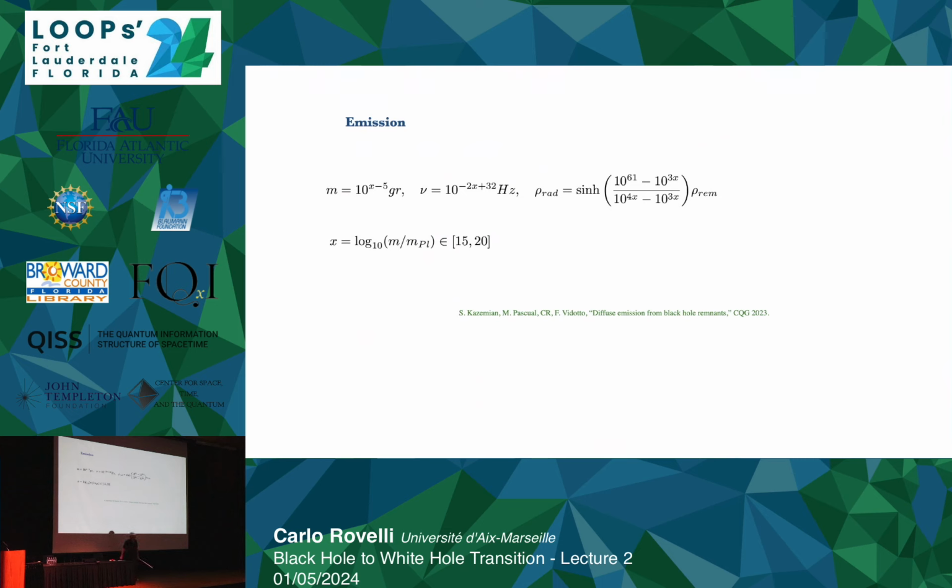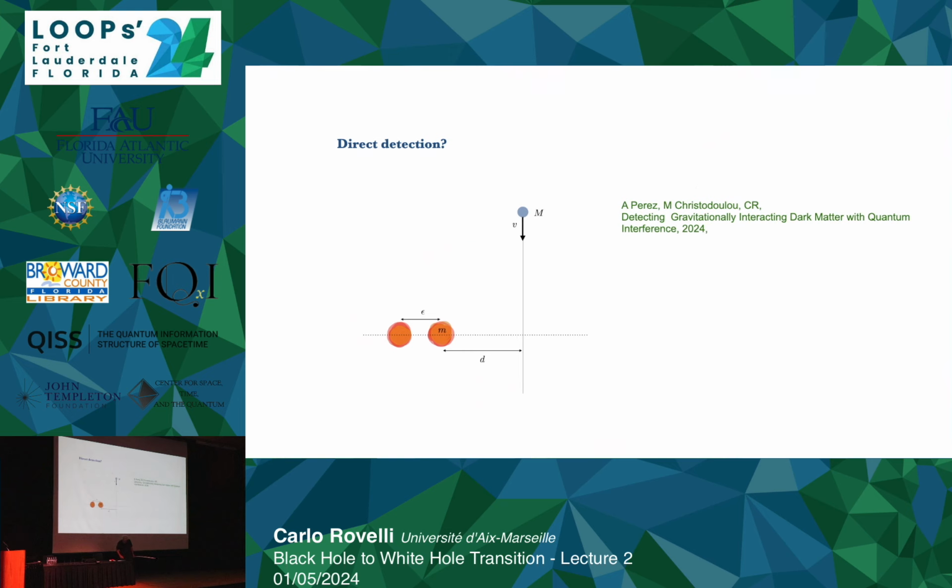Can we do better? I think we can, and I just got two days ago the positive review report of a paper about direct detection of this dark matter. So imagine you have these little things which have a Planck mass, which constitute dark matter. We know how many there are, because we know the density of dark matter and we know the mass of these.